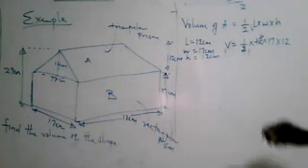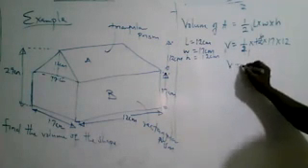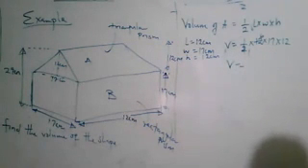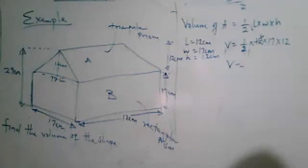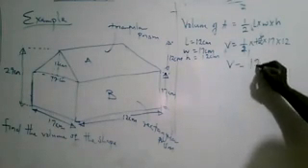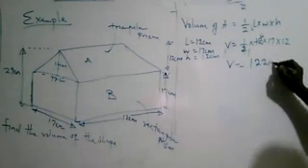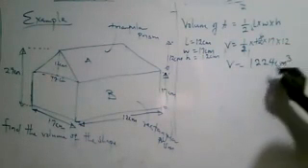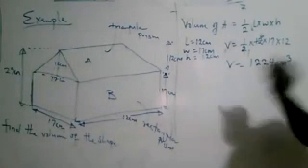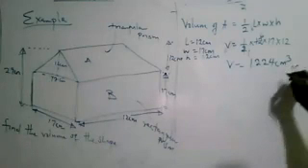So the volume of A is 1,224 centimeters cubed. That is the volume of the triangular prism. So we hold that, we keep it first.